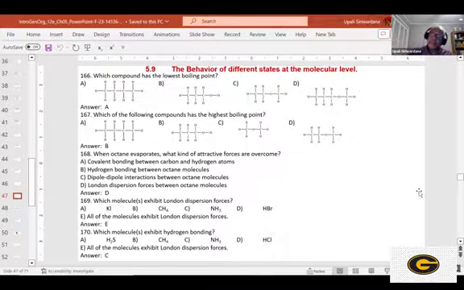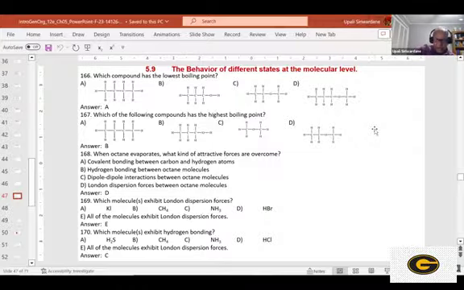It can hydrogen bond. Therefore, it will show strong intermolecular forces. The third one and fourth one in problem 167 have dipoles, O-H and oxygen-carbon dipoles. They are weaker than hydrogen bonding, but they are stronger than London dispersion.